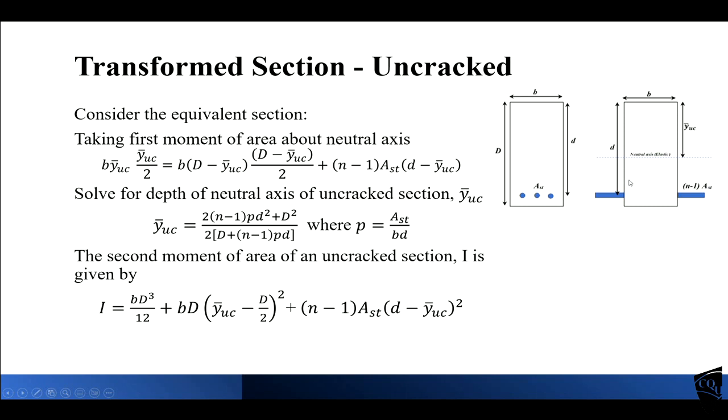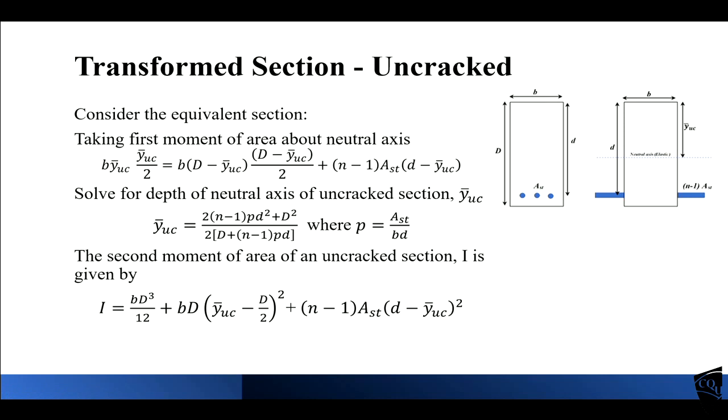Yes, centroid means equivalent, isn't it? So we'll take the moment about this line, so this area times that centroid, and this area by the centroid, you will get that one, and if you solve you will find out the centroid distance.